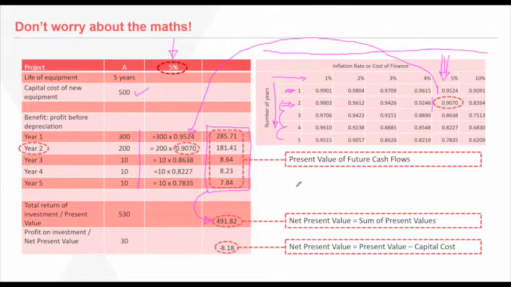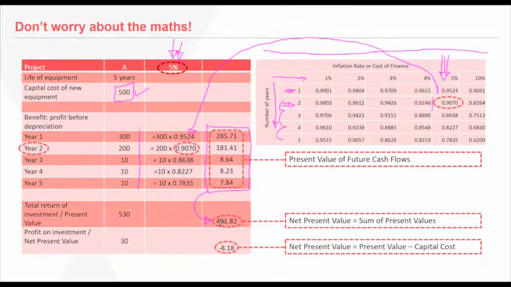What we have to do next is deduct that £500 from the cumulative present value, the sum of all our future cash flows. And what we see is that when we discount at 5%, we actually have a negative net present value.